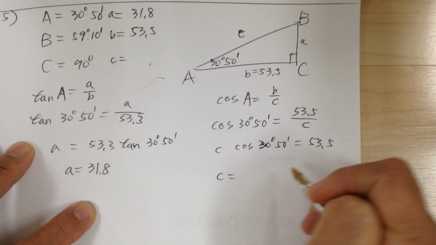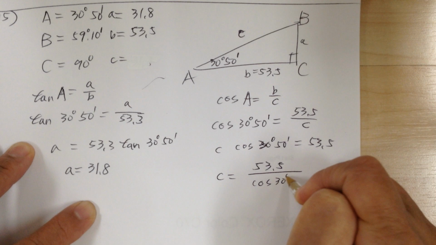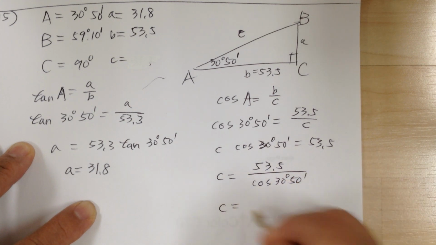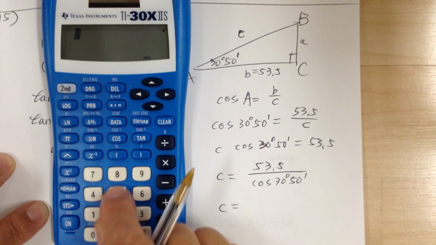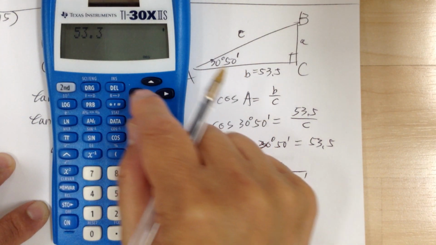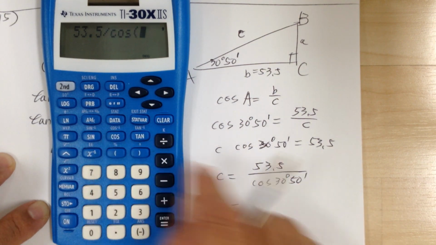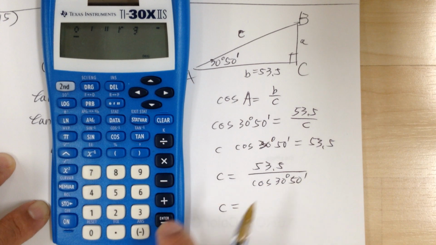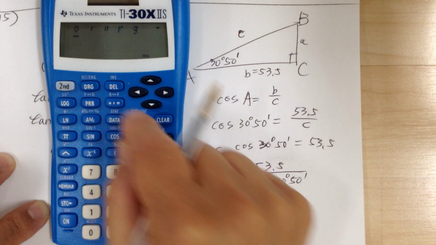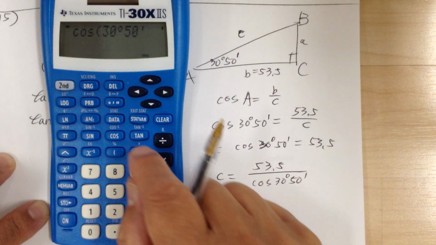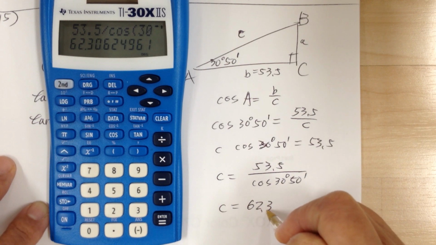You have to divide, so C equals 53.5 over cosine of 30 degrees and 50 minutes. So 53.5 divided by cosine 30 degrees and 50 minutes. So C equals 62.3.